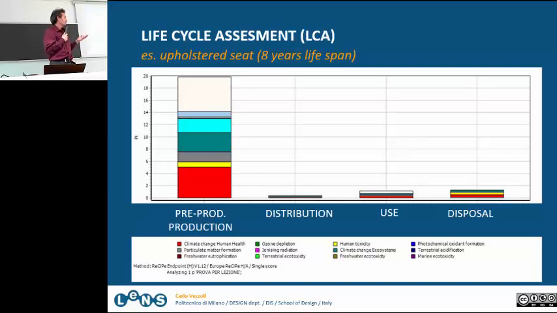For example, it's not to say that we don't have to consider disposal and distribution, but for sure, the pre-production and production, which is related to the fact that we have to reduce the environmental impact of that. But considering the life cycle, maybe it's good to extend the life of that product because that impact will be distributed along the years compared to the other phases that remain fixed.